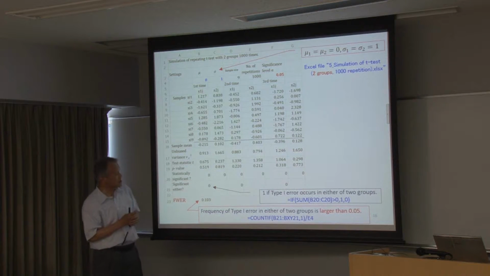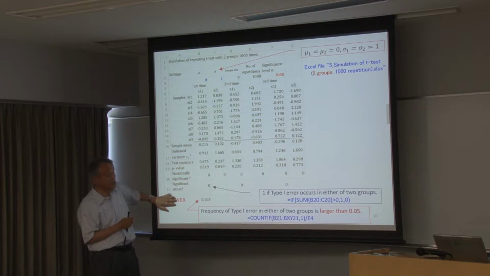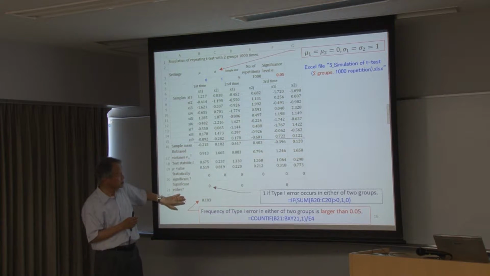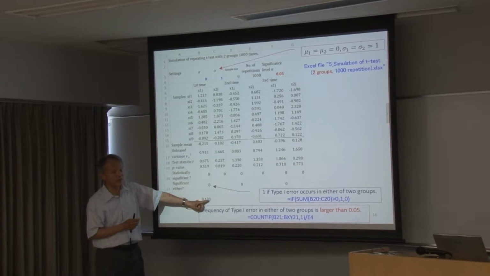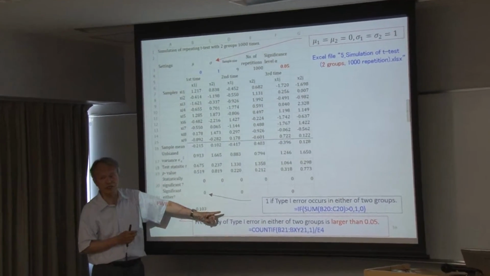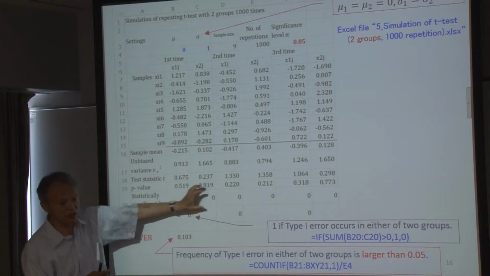But this error is called the family-wise error rate. This means that in 103 out of 1,000 simulations, a type 1 error occurs in either of these two or both.